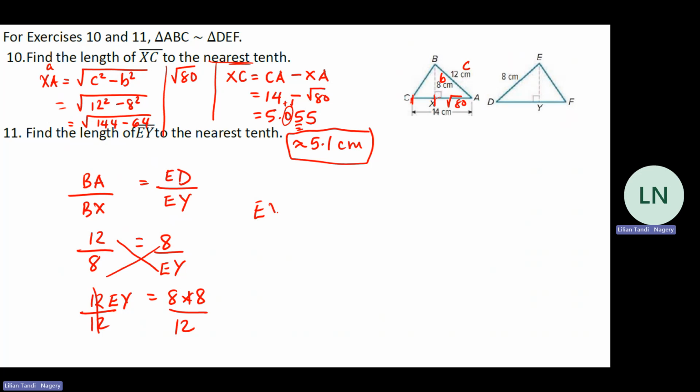So EY equals 5.3333. Then we round to the nearest tenth. We circle, we underline. Do we add? No. So 5 and 3/10, and the unit is centimeter. And we box our answer.